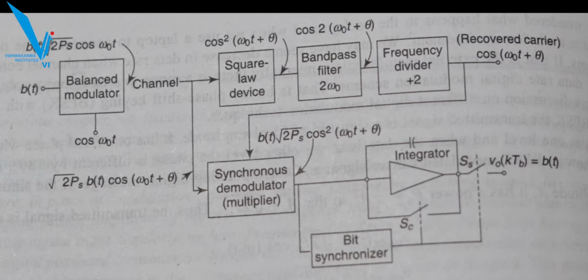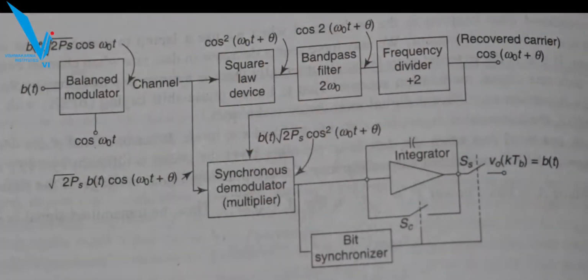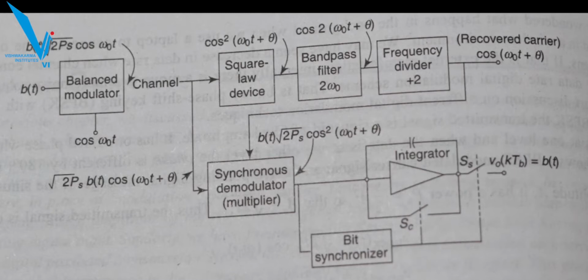Now this goes as an input to the integrator and bit synchronizer. Now the integrator is a circuit wherein you have a switch which is named SC. This switch closes temporarily and it monitors the bit duration. So this switch closes exactly where the bit duration ends, so that the integrator capacitor is discharged totally, and now the integrator is ready for the new bit to come in.